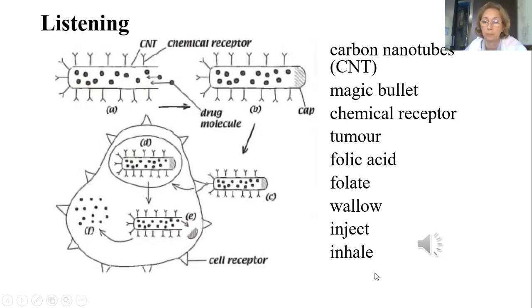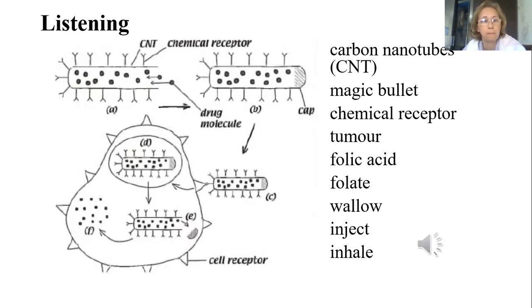Thanks, Tom. So, the basic idea is that we can use carbon nanotubes, CNTs, to send a drug right to where it's needed. That's why some people call it a magic bullet. To do this, first we coat the surface of the tube with a chemical receptor.